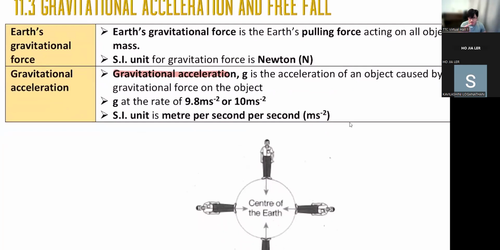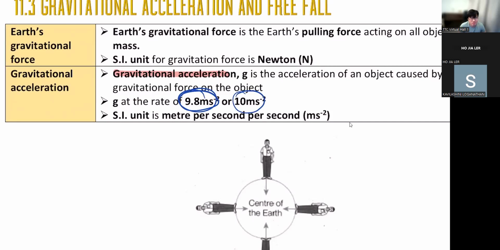Imagine this. If you jump down from the 18th floor, you go faster and faster, and that acceleration is what we call gravitational acceleration. It's the same everywhere on Earth. So our gravity acceleration, we call it G. G on Earth is 9.8 or 10.